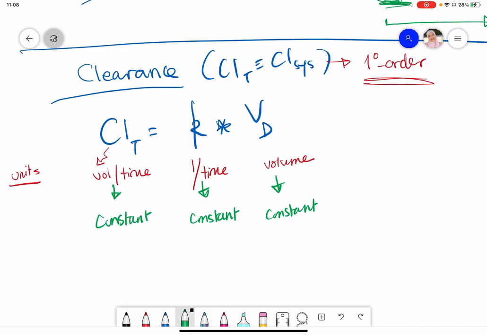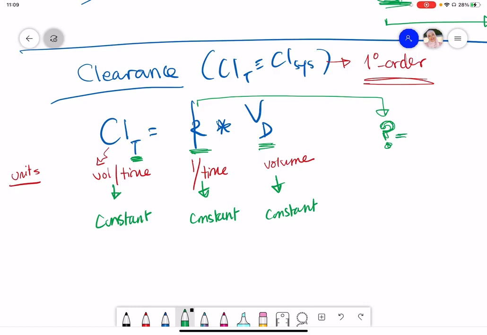So we can determine the total clearance by knowing the elimination rate constant and the volume of distribution. And we already know how to determine these. If you don't know, just review our previous videos related to the elimination rate constant.